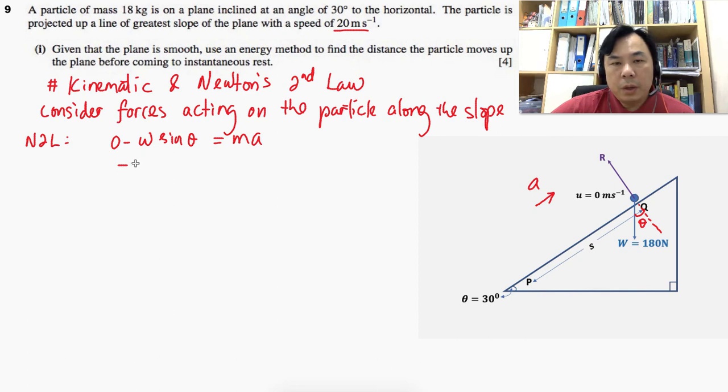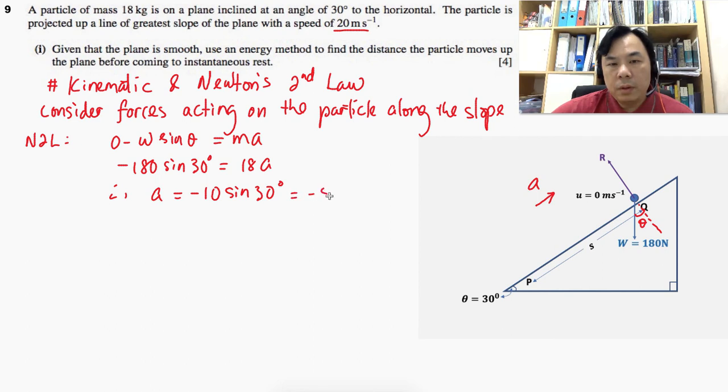So from here we have 180 sine 30 degrees, and the mass is 18 times acceleration. Therefore, acceleration in this case is quite direct. It's actually negative 10 sine 30. We know that sine 30 is half, so this is negative 5 meters per second squared. Okay, so it's decelerating, of course.